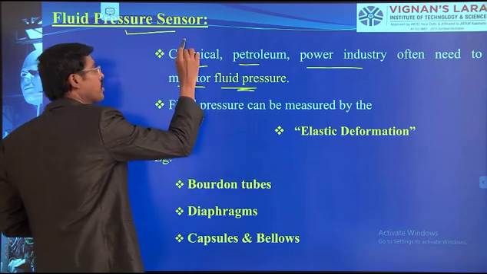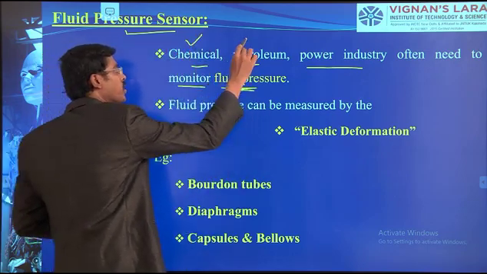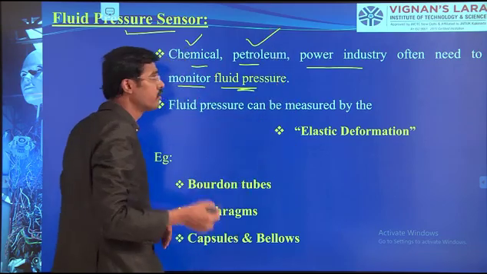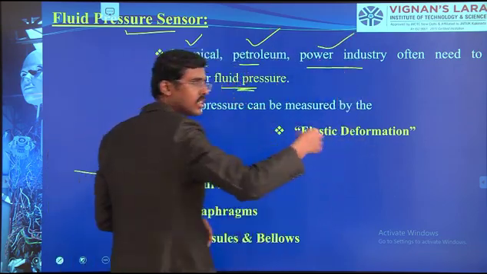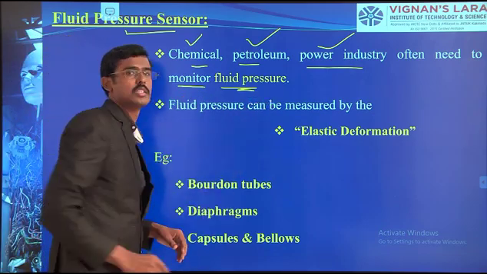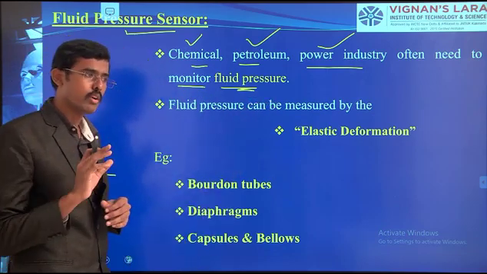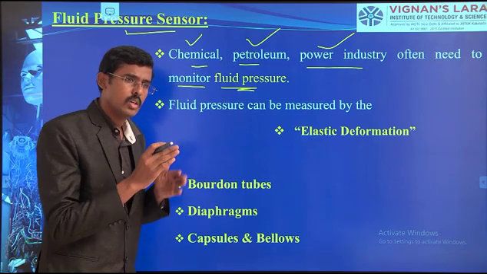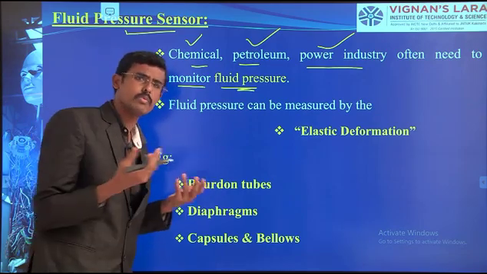For example, in chemical industries, fluid flows; in petroleum industries, petrol, oil, gases, fluid flows; in the power industries, the turbine, everything flows. We have to measure how much it is, and we want to maintain a pressure for safety purposes.